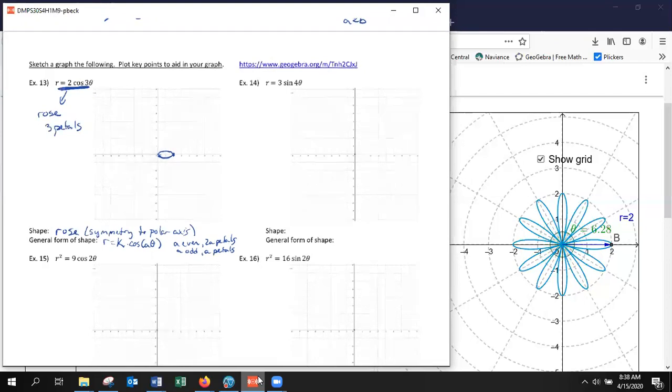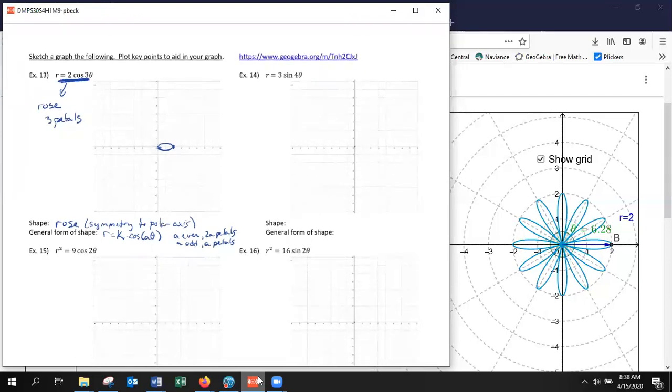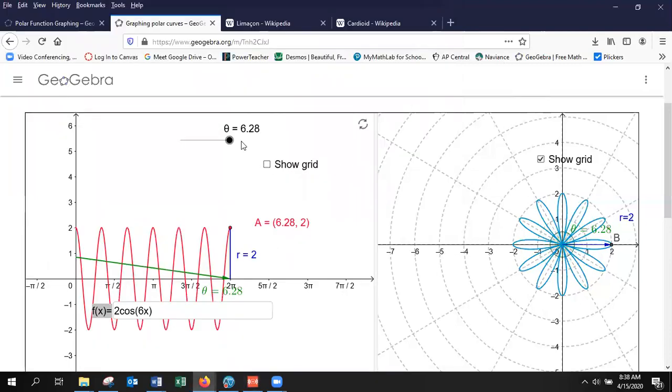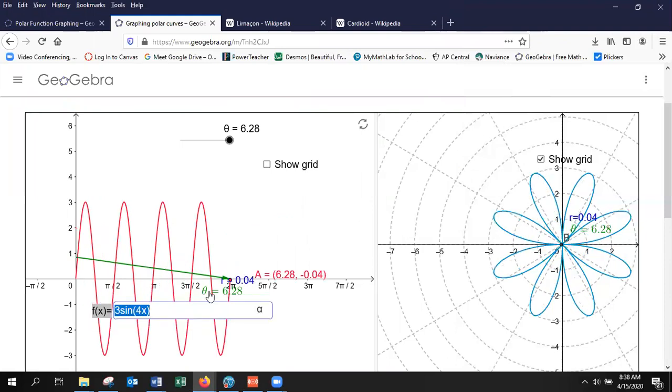Now, for example 14, where we have sine, that one was our cosine graph. If I do 3 sine of 4 theta, we no longer have a petal that's actually on the polar axis, but we have symmetry to the theta equals pi over 2 axis.